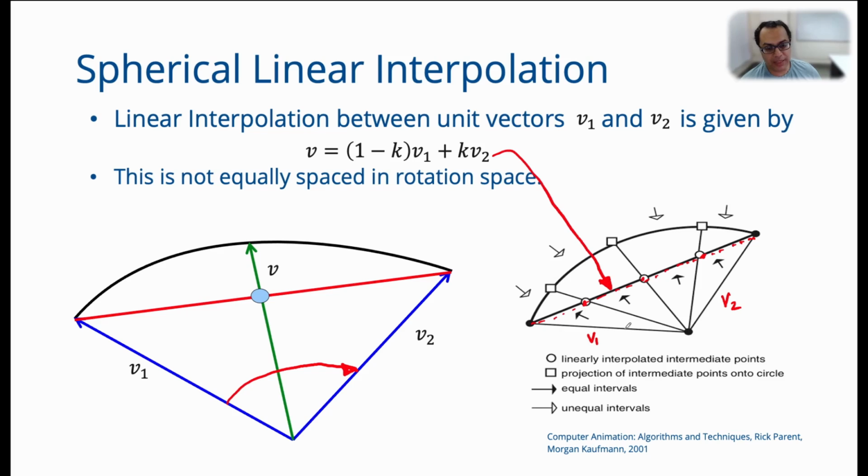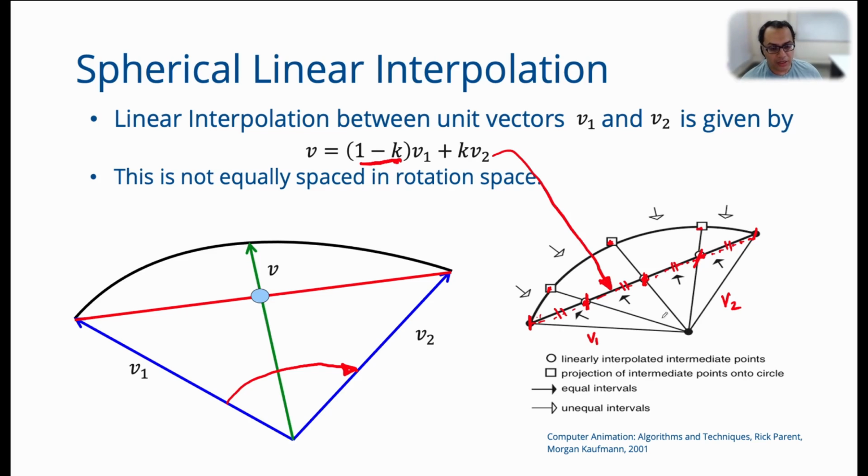So in order to get around that, I can normalize it. So suppose v1 and v2 were of unit norm, I can normalize it, and then I will get the unit normalized vectors at these interpolating points. So I would have restored the length. However, you can see here, even if I move equal increments in k, k is my parameter for interpolation, equal increments in k guarantee that I move equal increments over the chord. Which means that this segment is equal to this segment is equal to this segment is equal to that segment in length.